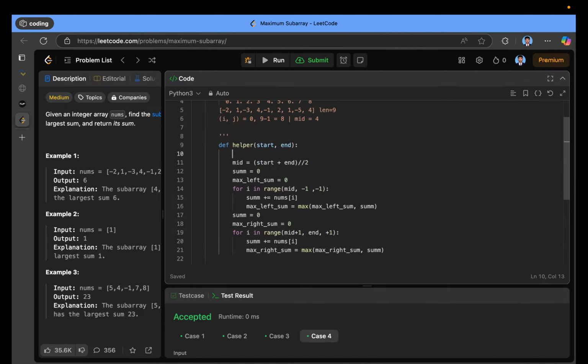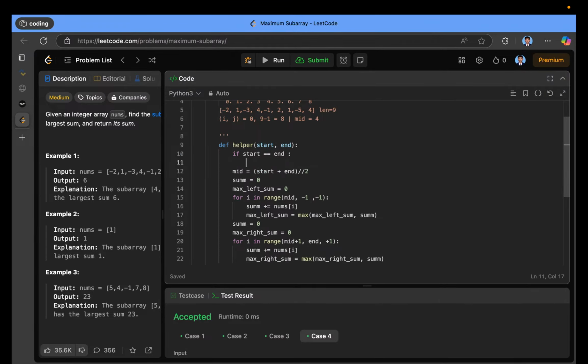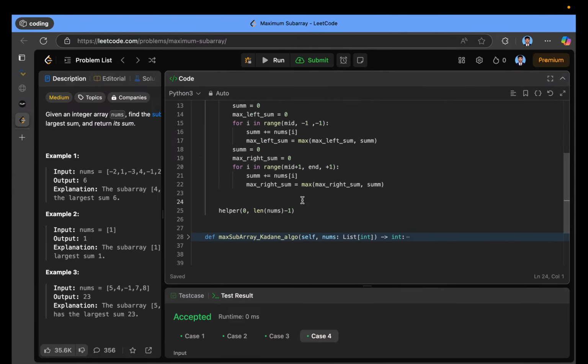Okay, and then I have to give the base condition where I should stop: if start is equal to end. I forgot the base condition, and I also forgot what I have to do next.